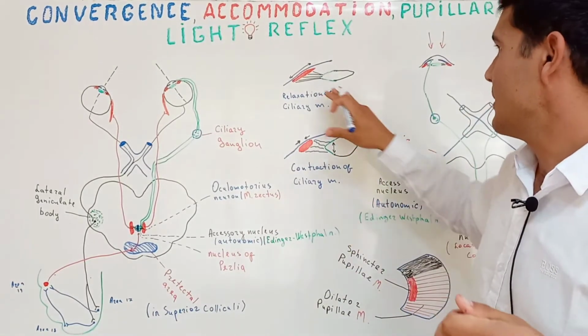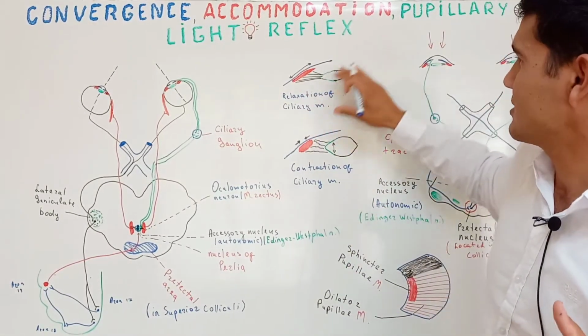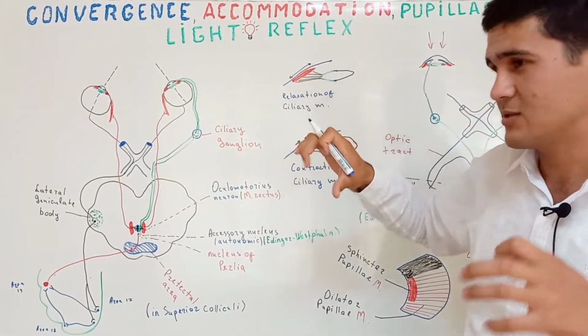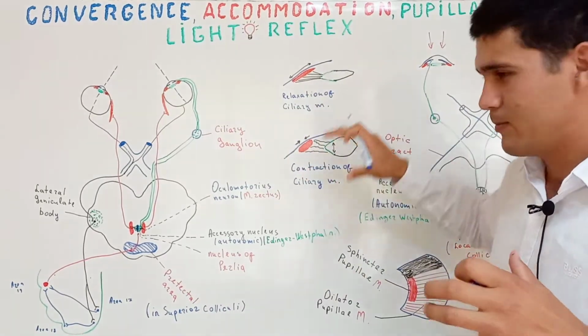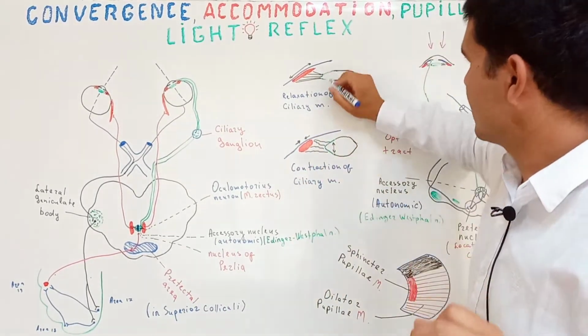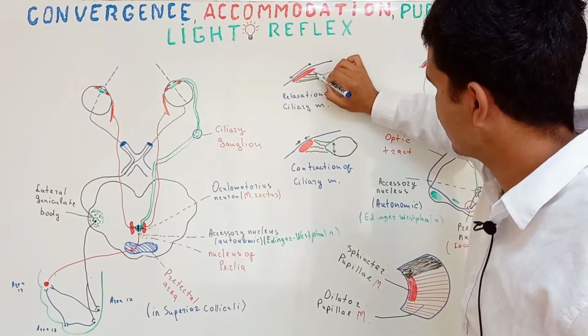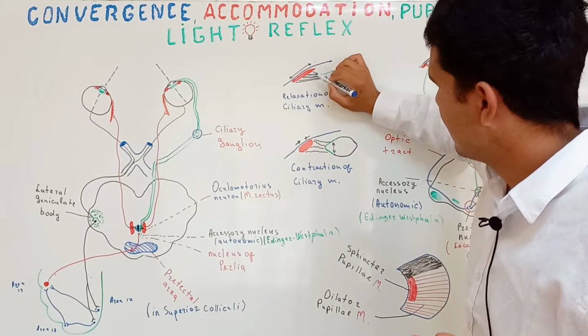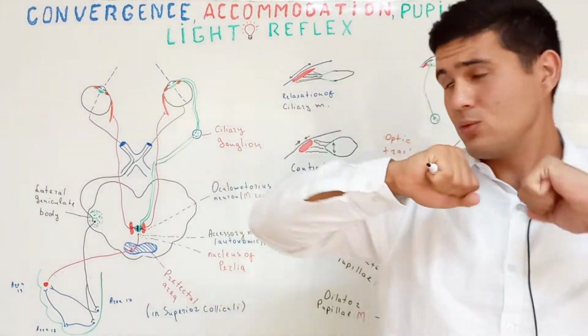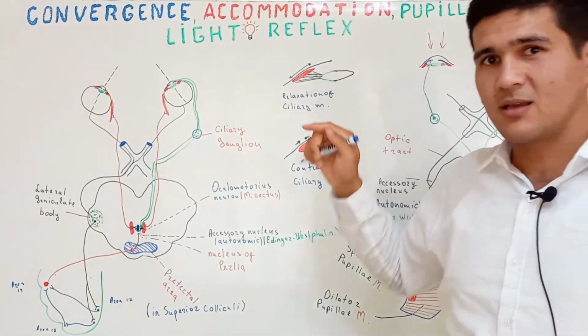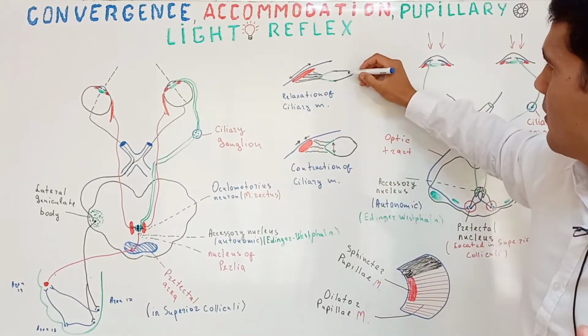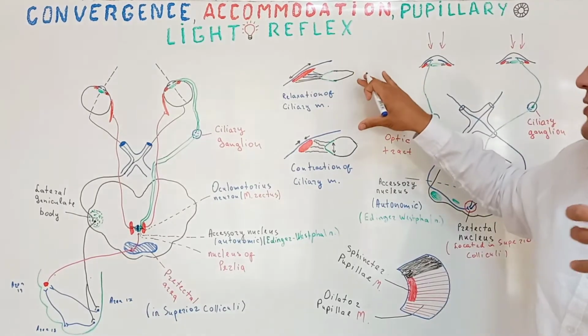Due to this, the fibers that sustain the lens become this shape, and they pull the lens, causing this kind of shape of the lens.